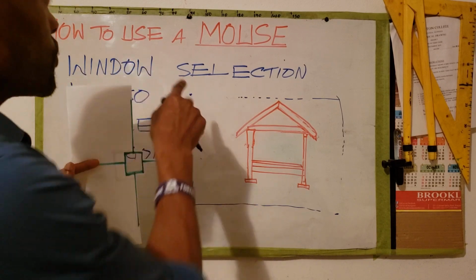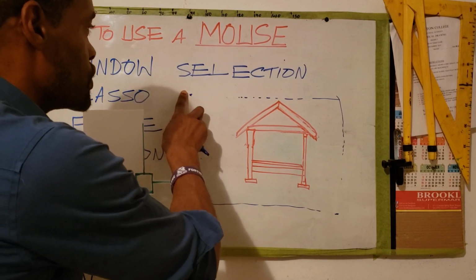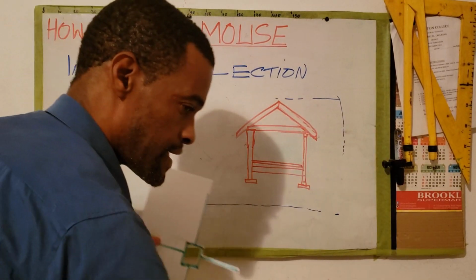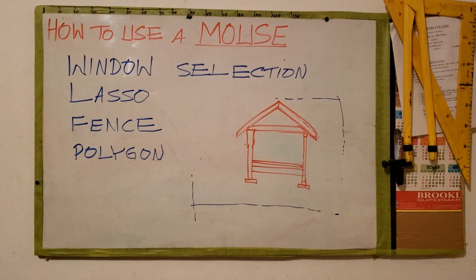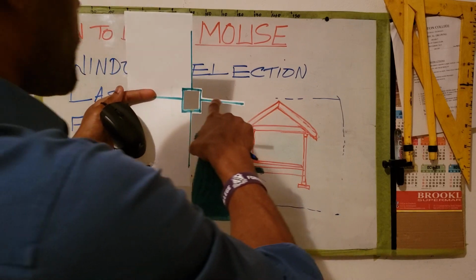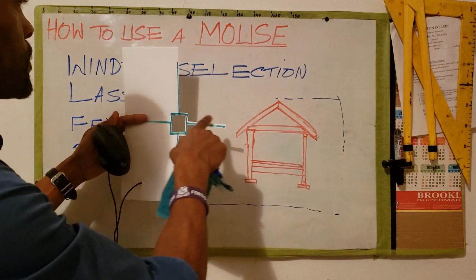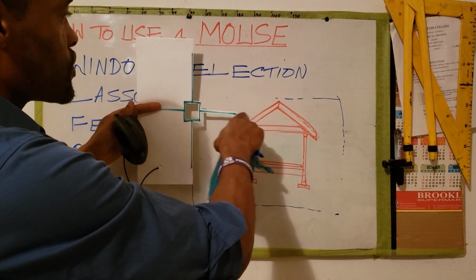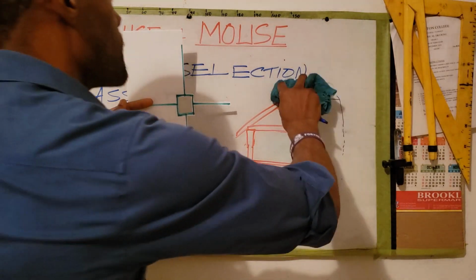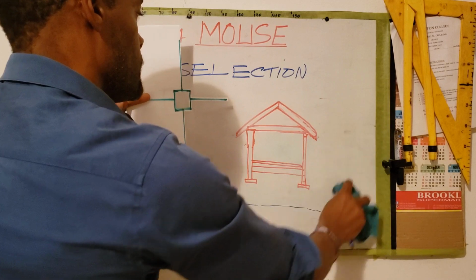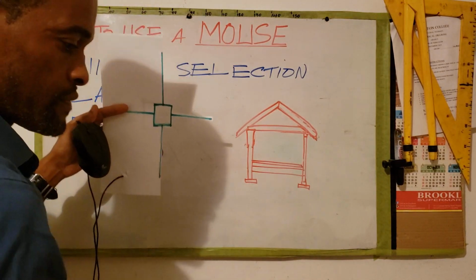Something to be mindful of. When you are choosing this point, you need to ensure that the crosshair, the point here, will not cut into the object, right, that you wish to select. That's very important.